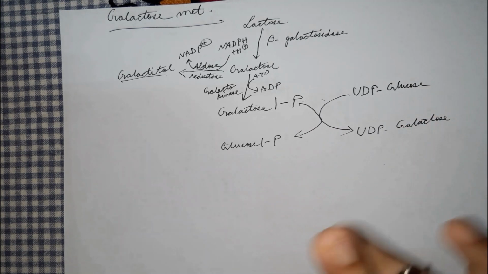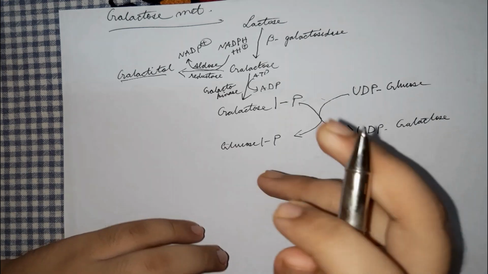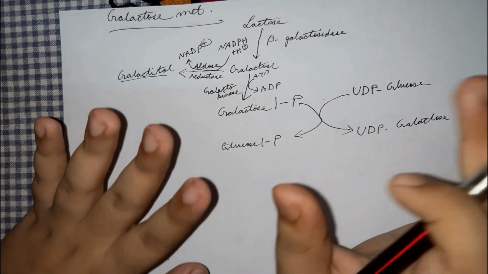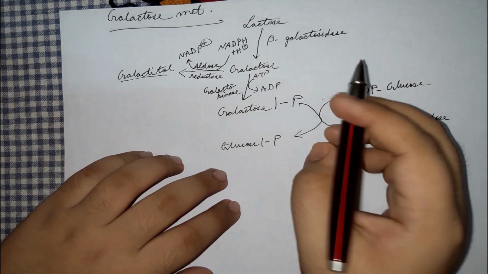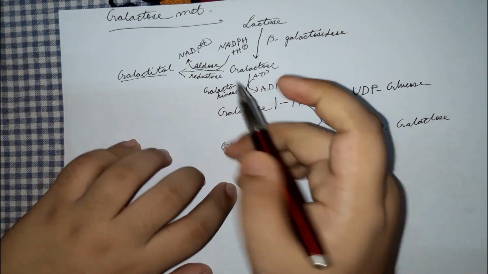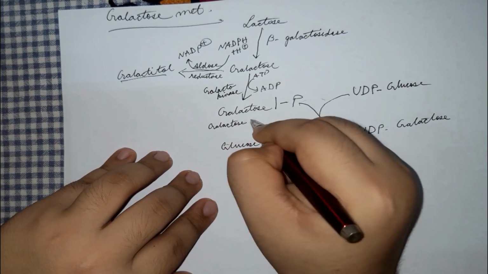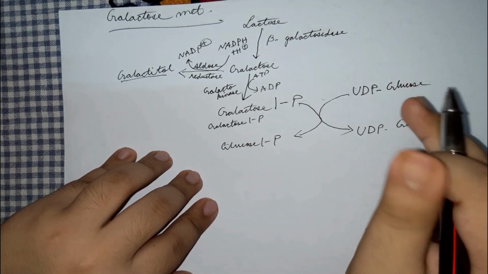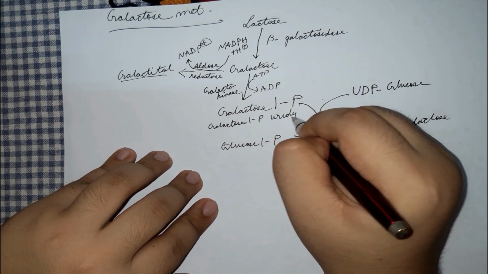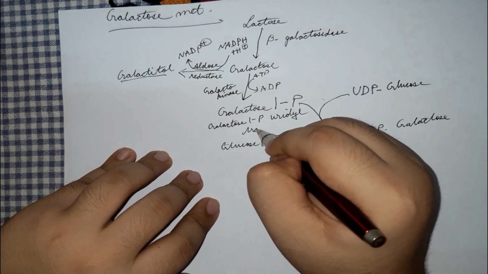By the way, the name of this enzyme here is a little big, but it's not totally illogical. Galactose 1-phosphate uridyl transferase, because there is a transfer of groups here.